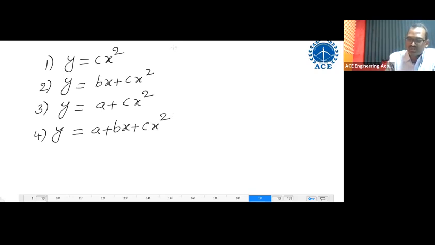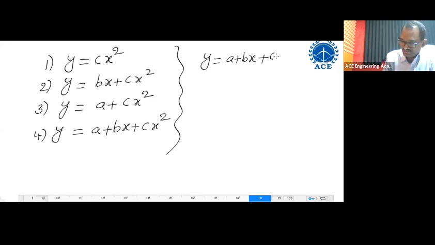What is the most complicated version of parabola? The most complicated version is y equals a plus bx plus cx square. I want the values of a, b, c. To get them, your parabola has to pass through minimum 3 points, maximum no limit. Suppose this parabola passes through (1, 1): x coordinate 1, y coordinate 1, then it is a plus b plus c.